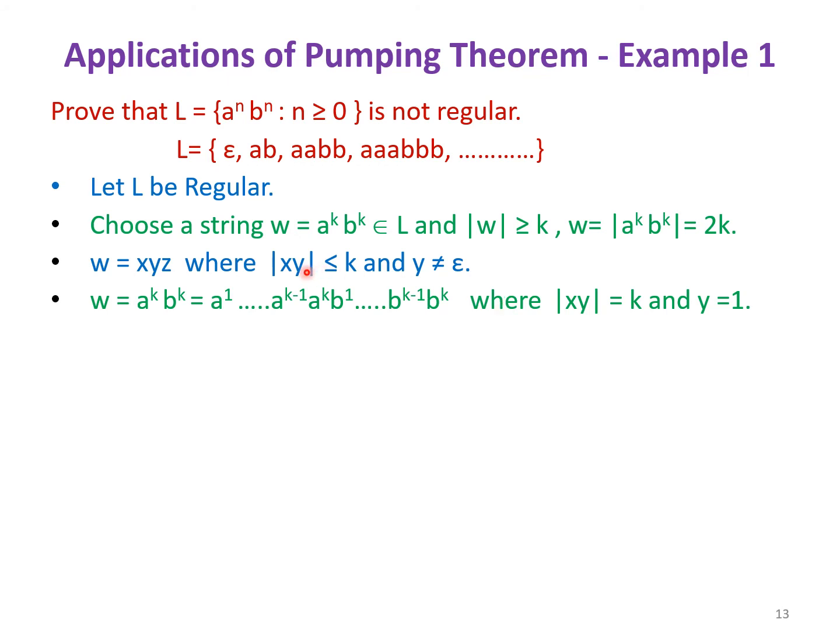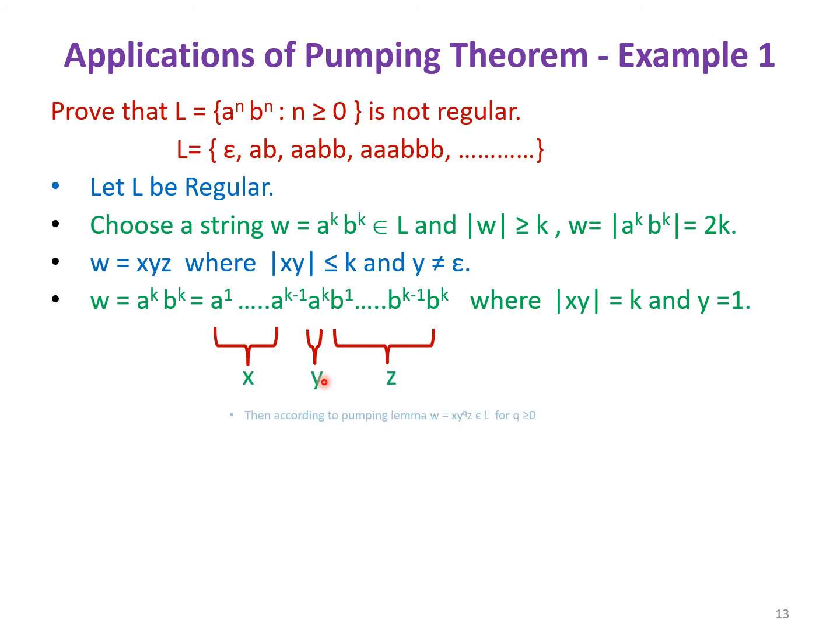Check these two conditions. The length of xy, x and y parted, consists of at most k number of a's, that is less than or equal to k, and y is not equal to epsilon because the last a is assigned to y.